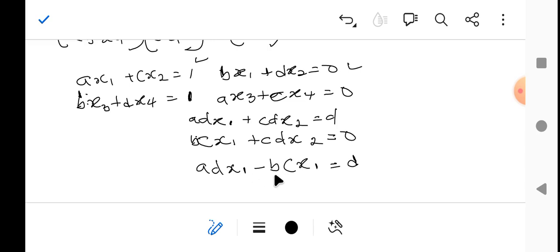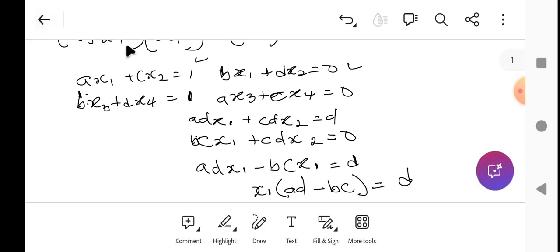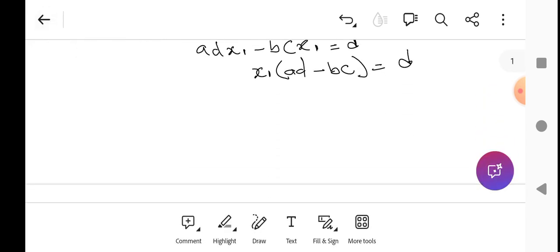Now we can factor out this particular term. So we're going to have x1 times (ad minus bc), that's going to be equal to d. Fantastic, right?